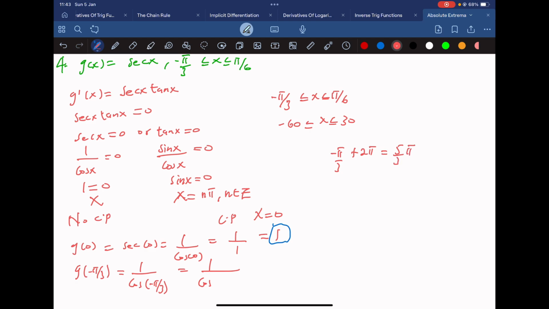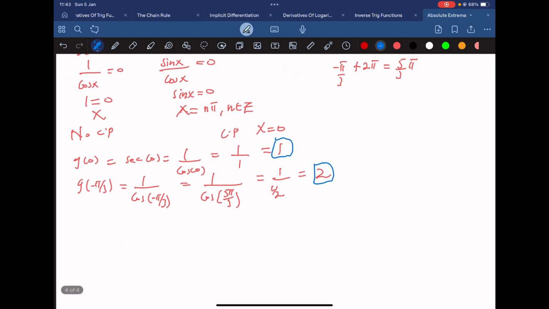So instead of finding cos of negative pi over 3, you can find cos of 5 pi over 3, and it should be the same thing. So cos of 5 pi over 3 is 1/2. So 1 over 1/2 is just 2. So we have our second value.